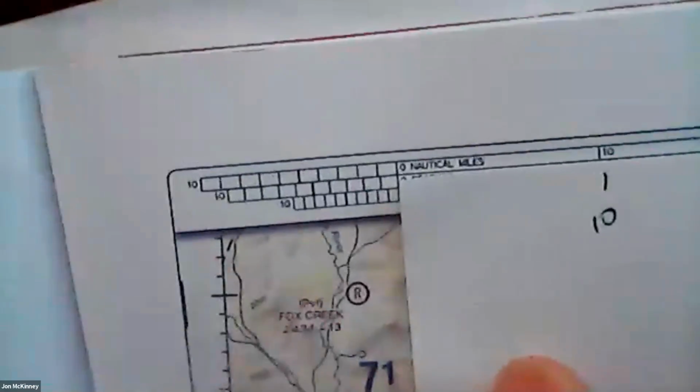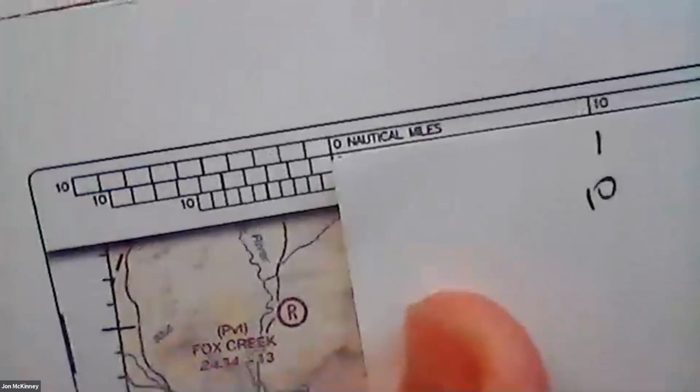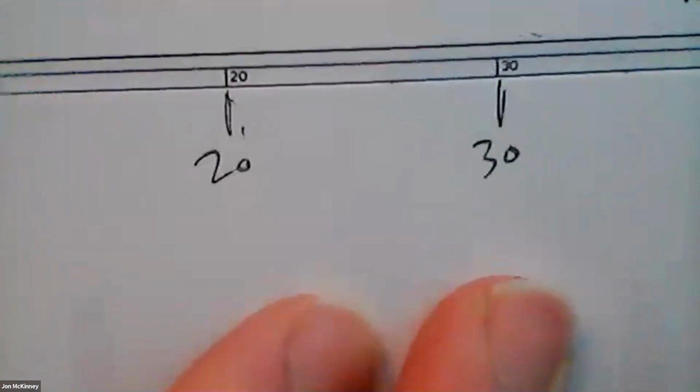I'm going to use the corner of my piece of paper. Dang it, breaking my lead. And you can see here what I'm starting to do. I'm starting to line up the corner with the 0 for nautical miles, and I made the 10 mark, the 20 mark, and the 30 mark.